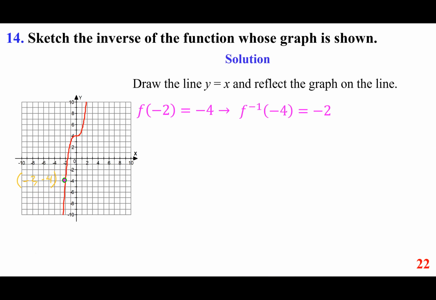So as you look at this pair, this belongs to the function f of x. Therefore, -4, -2 must belong to its inverse. And you just write it up here. So this means -2, comma -4 belongs to f of x.